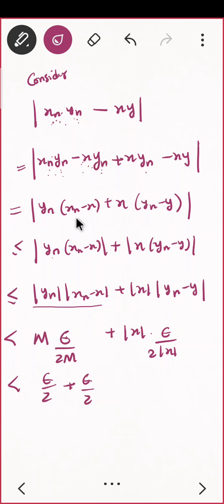That is what I wanted, because I have a bound for this, that is the epsilon bound. So I add and subtract x yn, and later by the triangle inequality you have mod of yn times xn minus x, and that's it.